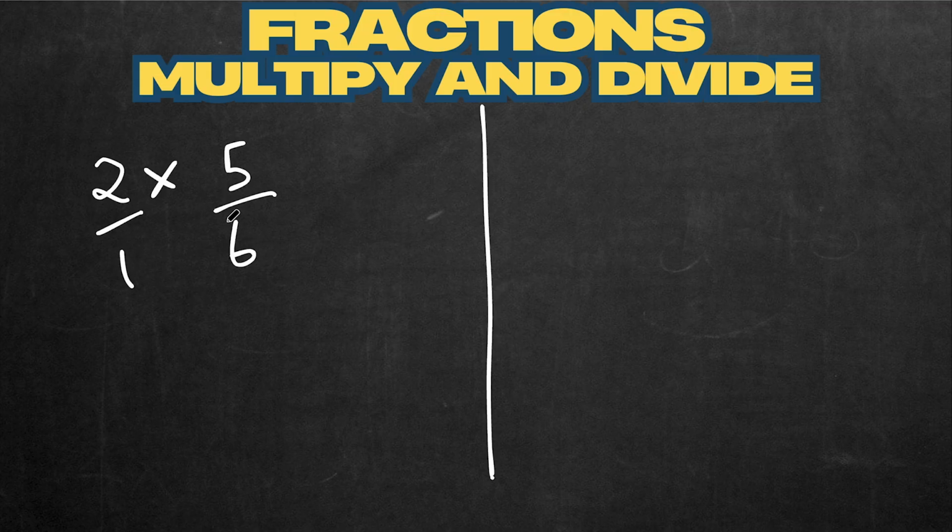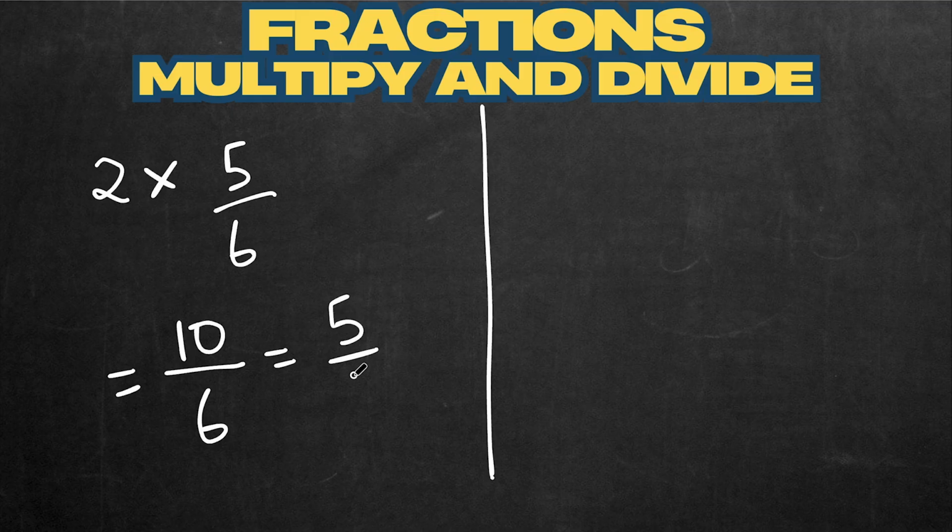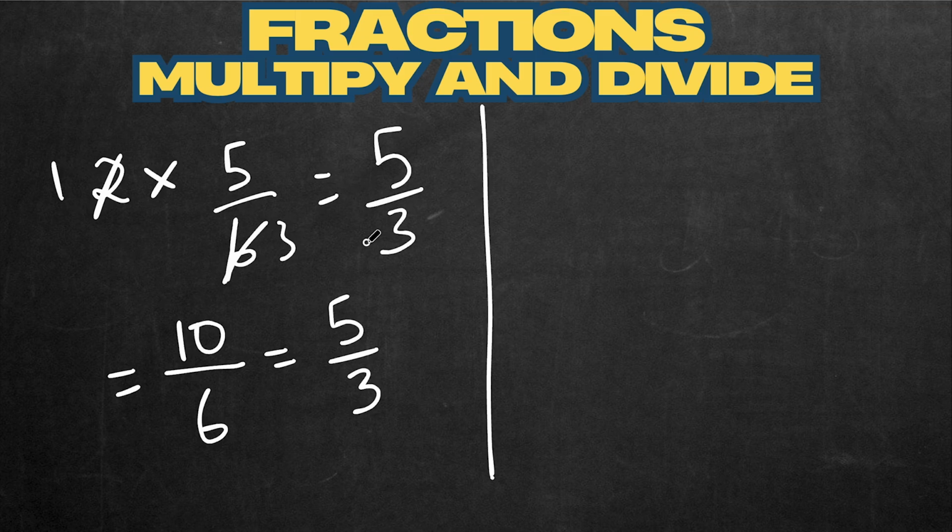So even without writing this denominator, you know the denominator is 1. So 6 times 1 will be 6, 2 times 5 will be 10, right? And then when you simplify it, it will be 5 over 3. We could do this here itself: 2 divided by 2 is 1, 6 divided by 2 is 3. So the answer is 5 over 3. Whichever way you do it, it's perfect.